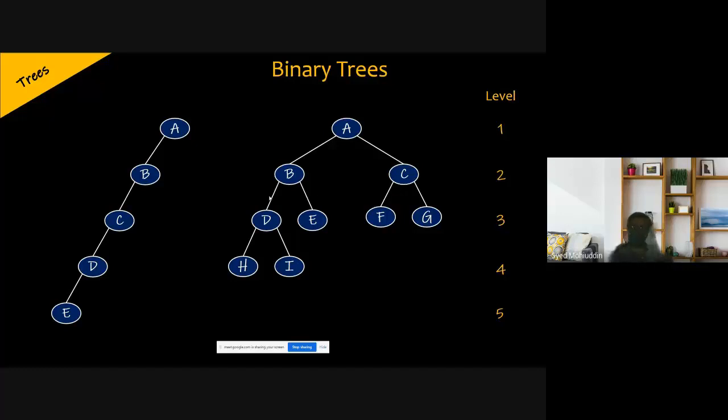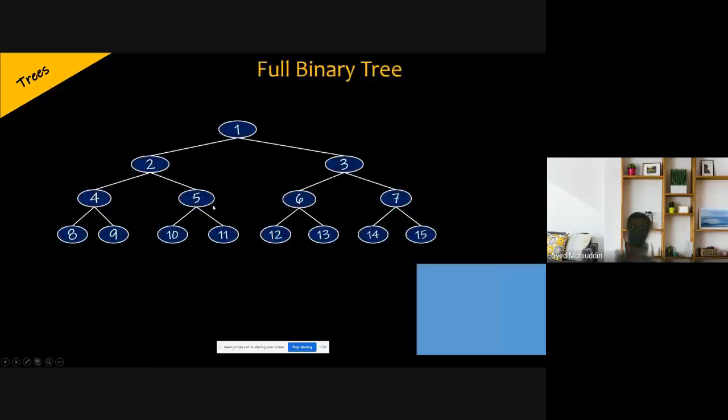Now, let's move further. Let's look at another definition, which is a full binary tree. A full binary tree means every internal or non-leaf node will have exactly 2 children, and all the leaf nodes are on the same level.